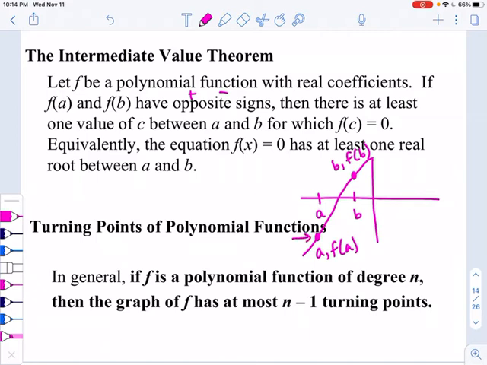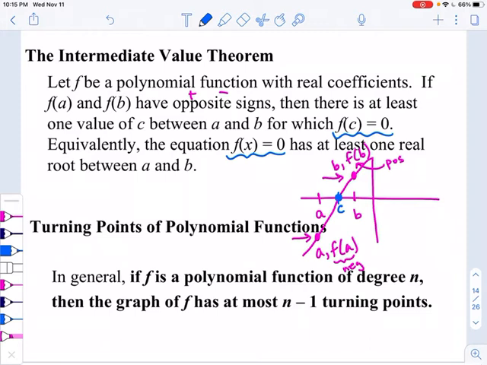If these have opposite signs, f of a in my case would be a negative value and f of b would be a positive value. They're saying if one is positive and one is negative, then somewhere in between is going to be a c value where f of c is equal to 0.